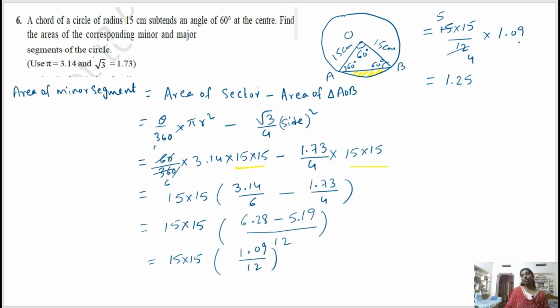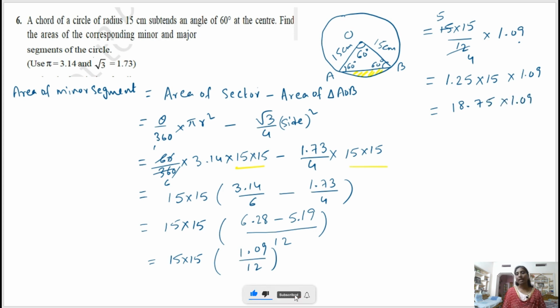Okay. Now multiplied by 15 into 1.09. Now if you multiply 1.25 and 15, you will get, I have already calculated it, 18.75 into 1.09.